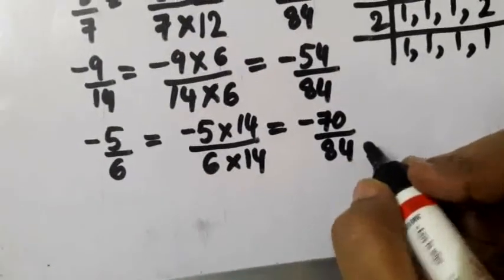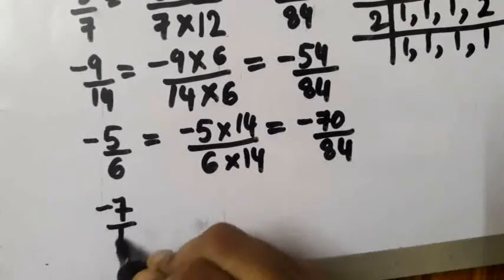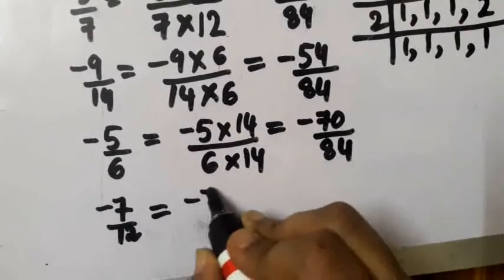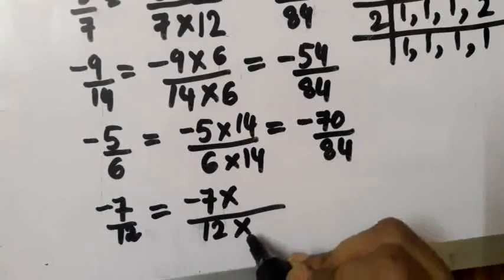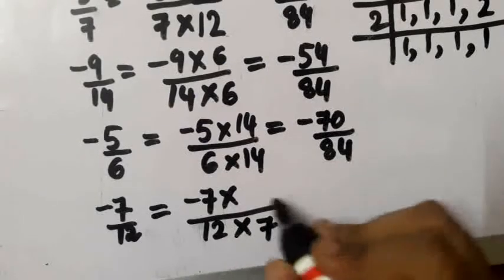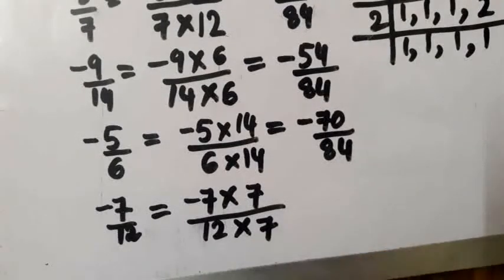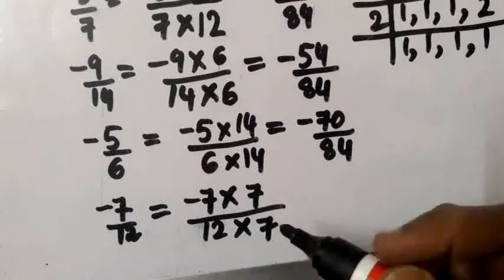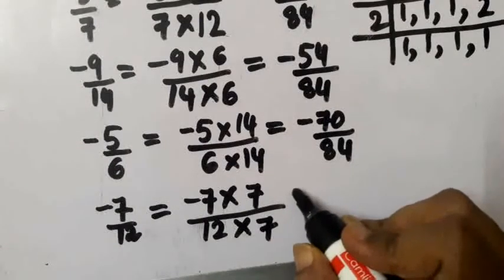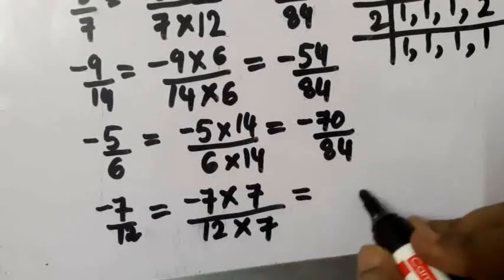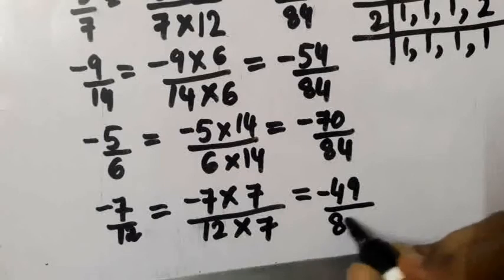The last rational number is minus 7 by 12. 12 into what will be 84? 12 into 7 is 84, so here we multiply with 7. Whatever you do in the numerator, the same you have to do in the denominator also. 7 sevens are 49, so minus 49 divided by 84, as 12 sevens are 84.